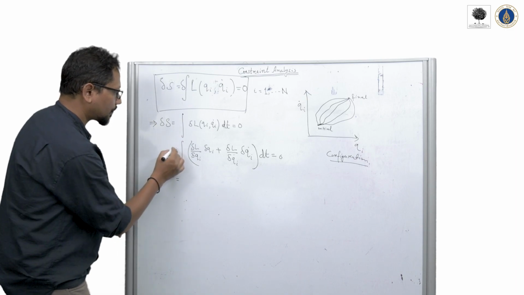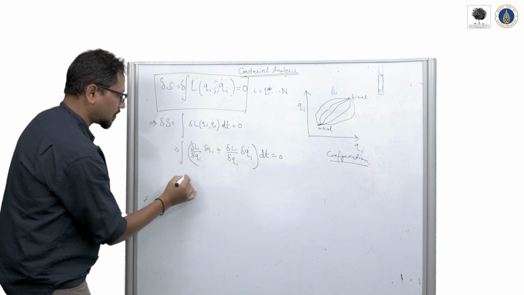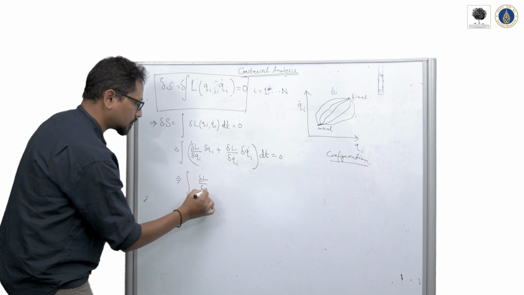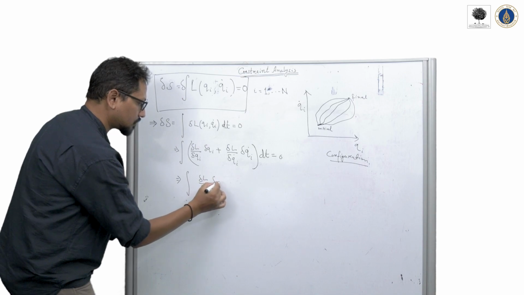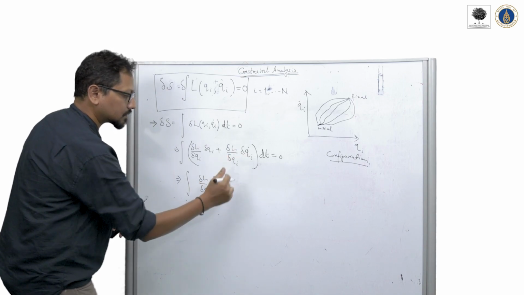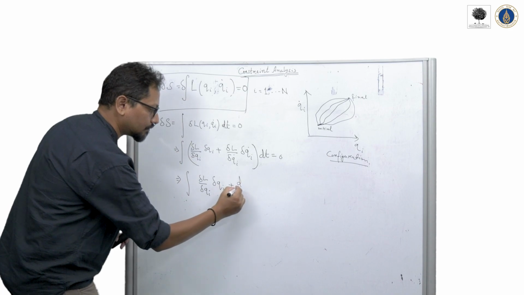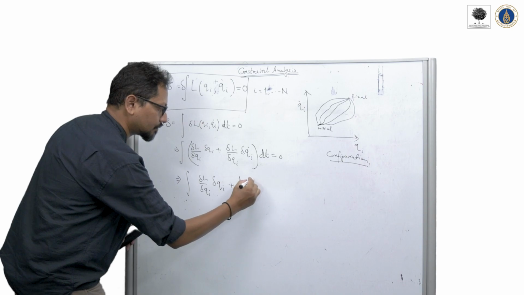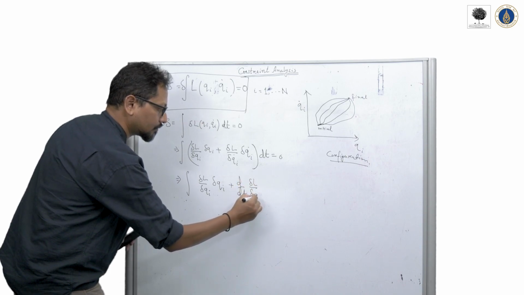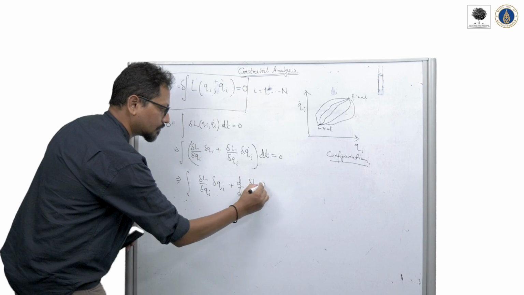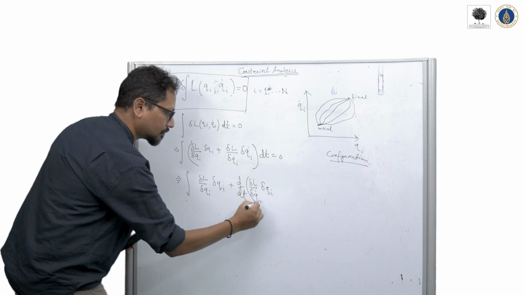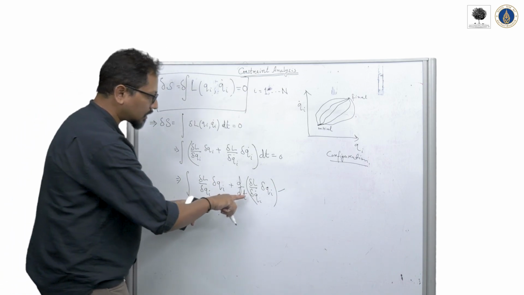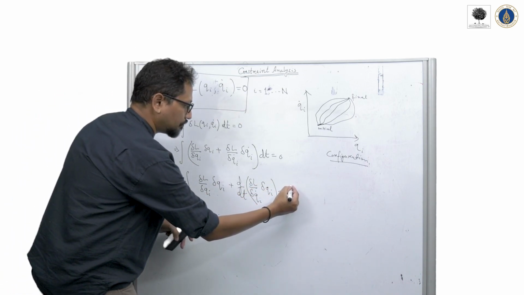So now, applying this trick, we can write this term as a total derivative. Then we need to subtract this term.